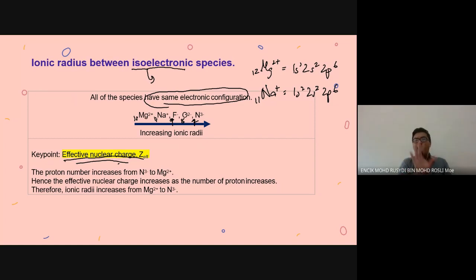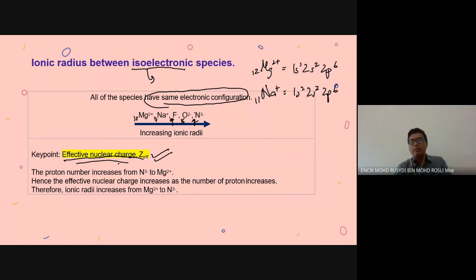So we cannot explain in terms of electrons. Kita tak boleh explain in terms of shielding effect. But we can explain dari segi effective nuclear charge. The effective nuclear charge, ataupun the proton number, increases from nitrogen 3 negative to magnesium 2 positive.